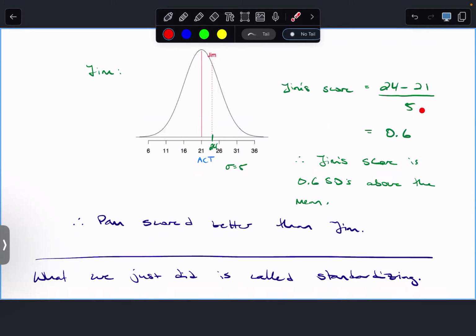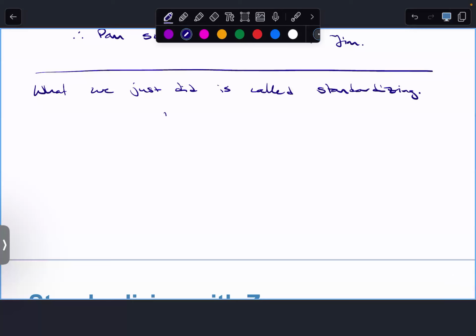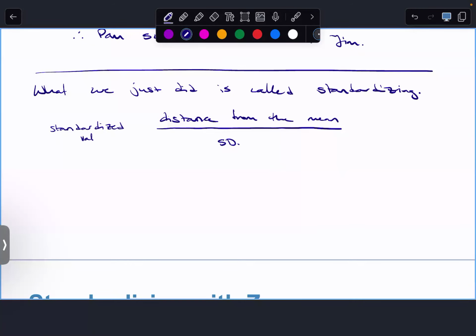And then we divided by the standard deviation, right? And so it's the distance from the mean divided by the standard deviation. And this gives us a standardized score or standardized value, let's call it.